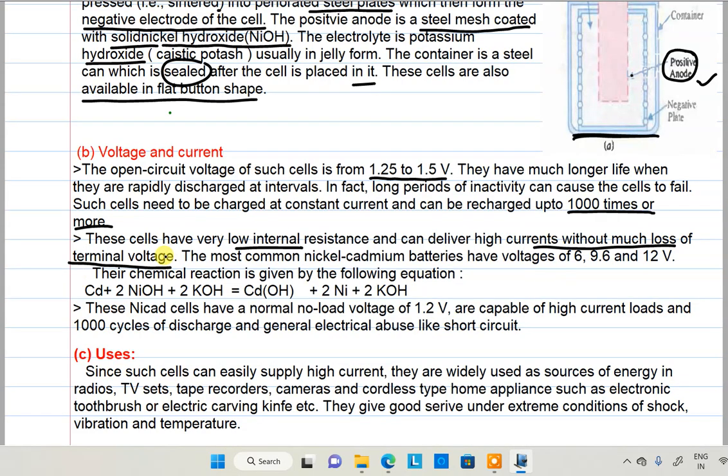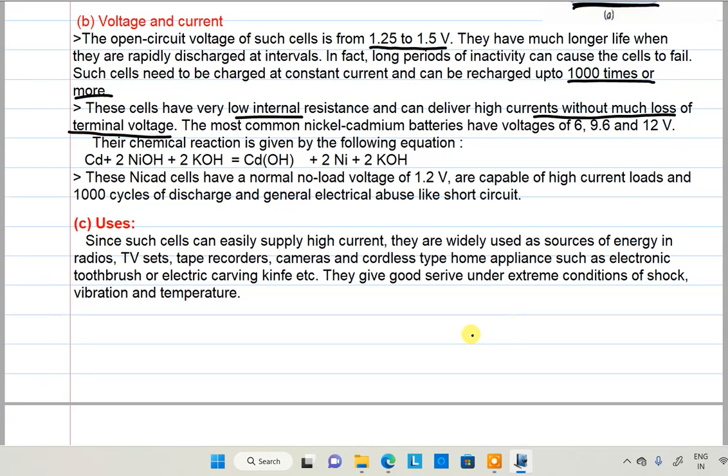That means I will discuss here. In case you connect this battery to a load, and the battery voltage is 5 volt, the terminal voltage is also nearly equal, say 4.9 volt, which is okay and good, only a 0.1 volt drop. But if it is 4 volt, that cell is very bad because of more internal resistance.